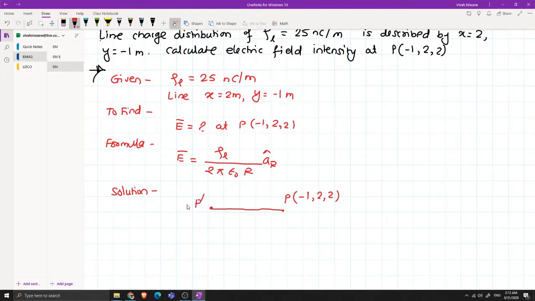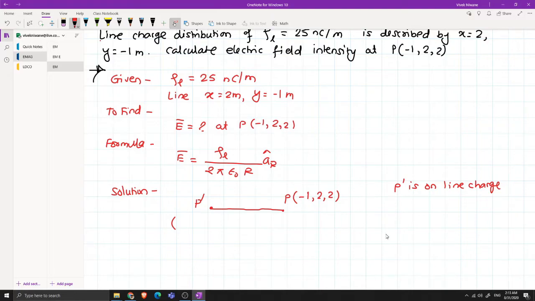I am going to draw a perpendicular between the point of observation P and the point of intersection P dash. Now I want to find the coordinates of P dash. This point P dash is on the line charge.